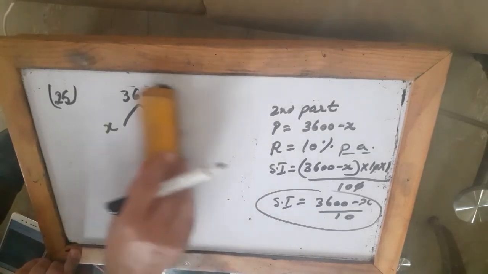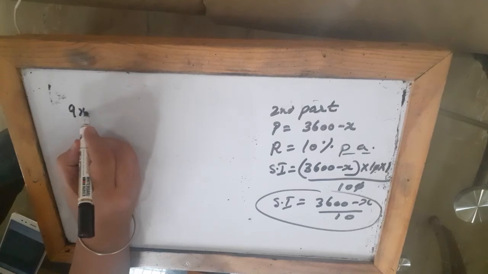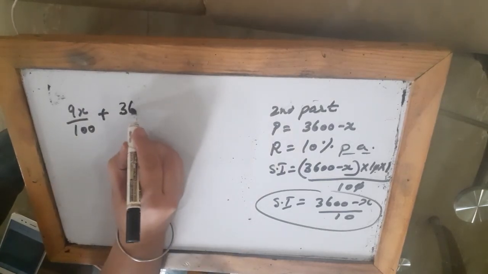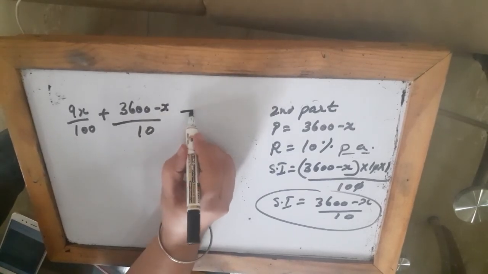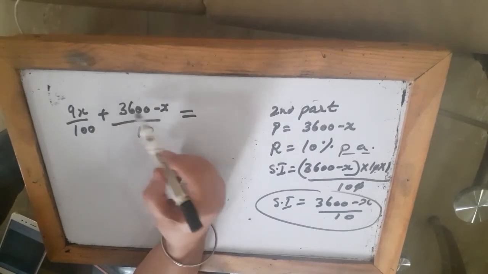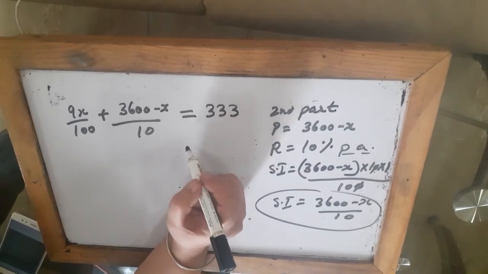So simple interest on the first part was 9x upon 100, plus the simple interest on the second part, and both together, the total income, is 333. So this becomes your equation.